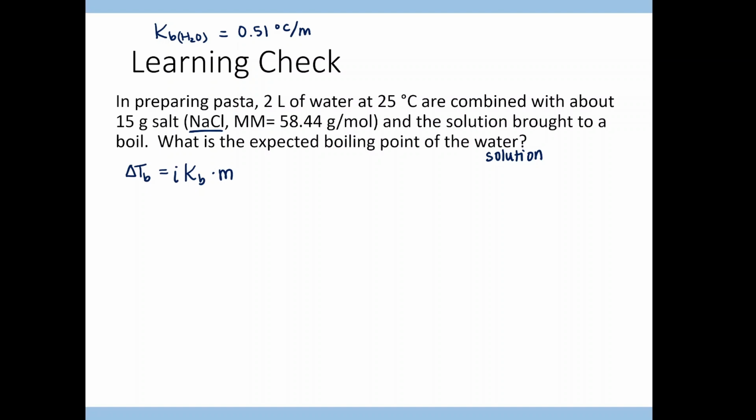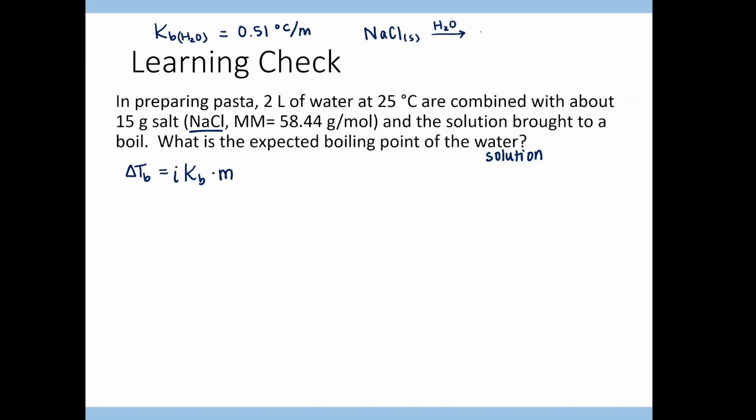So we have Kb. We can determine i by thinking about sodium chloride. Yes, I have this on the previous slide, but if you're approaching a new problem, you have an ionic compound, you'll have to consider which ions are created and how many are created when this is dissolved in solution.